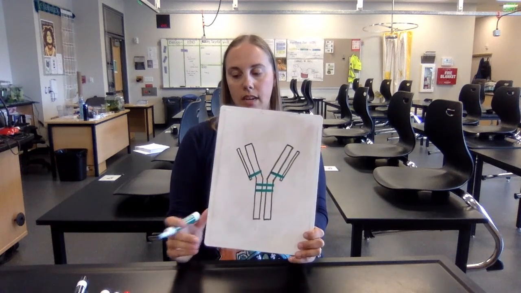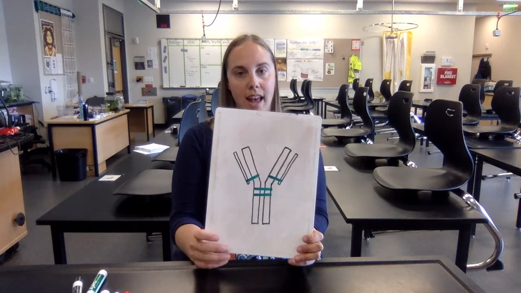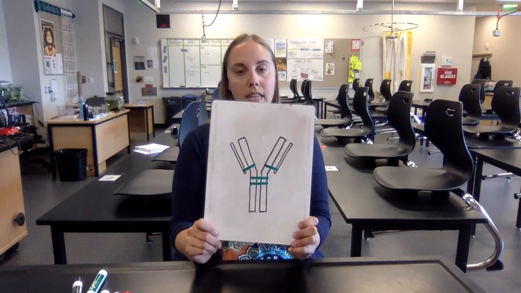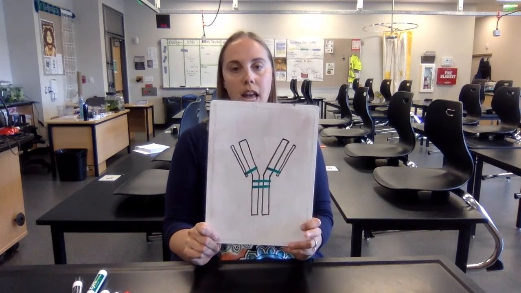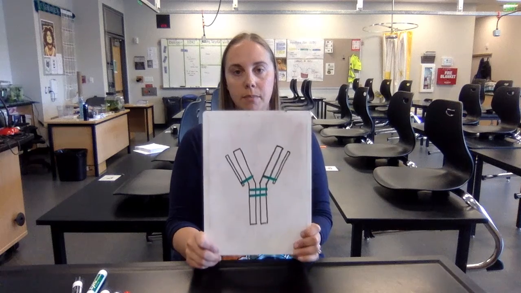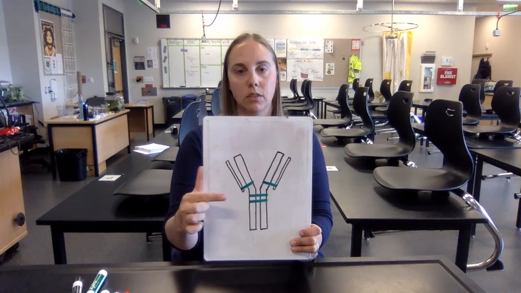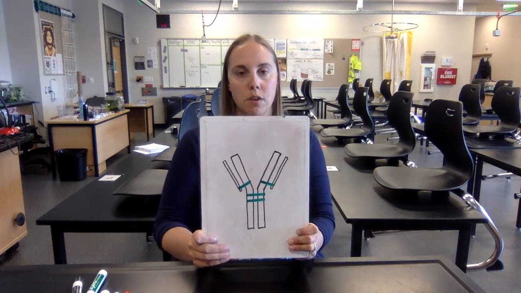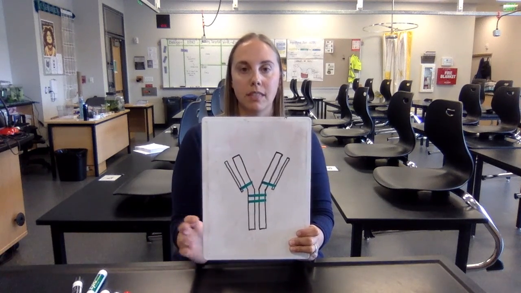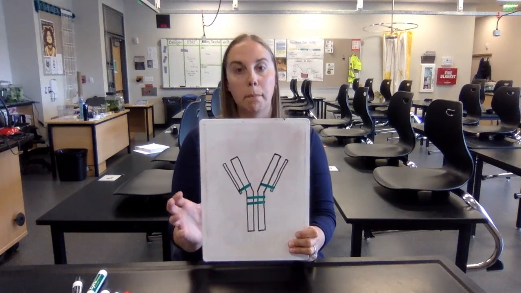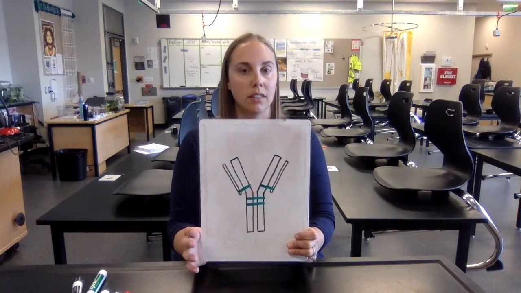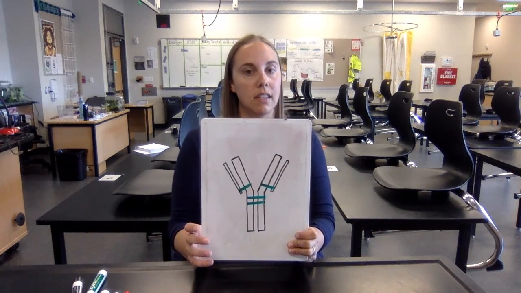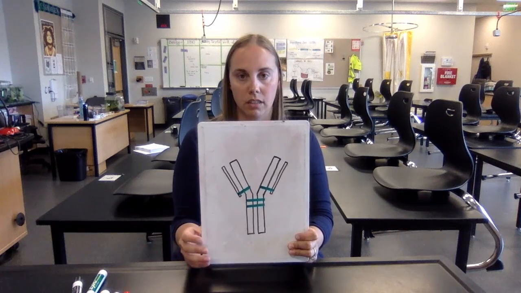But antibodies come in all different types, and there's one part of the antibody that's going to be the same for every antibody for a species, and that's this sort of bottom region here. It's called the constant region, and all humans have antibodies with the same constant region. All mice have antibodies with the same constant region, but their constant region is going to be different than the human's constant region.